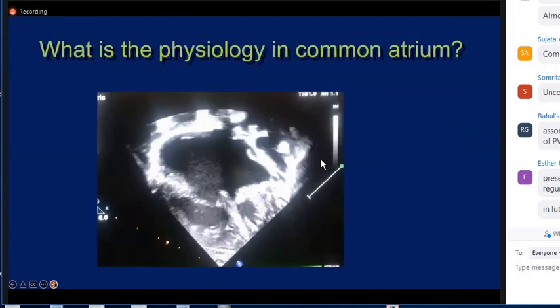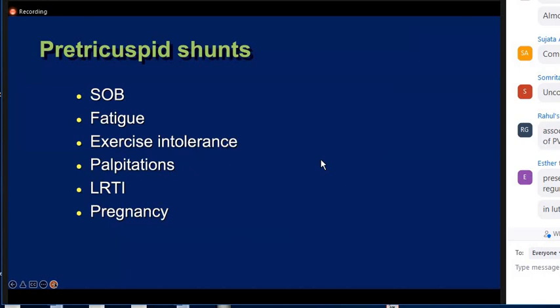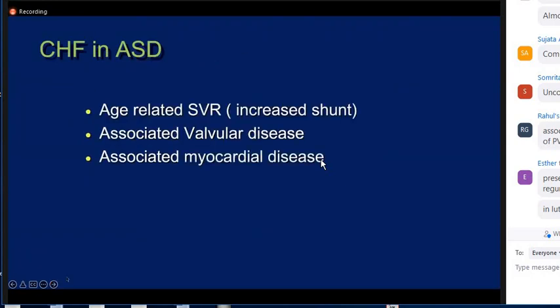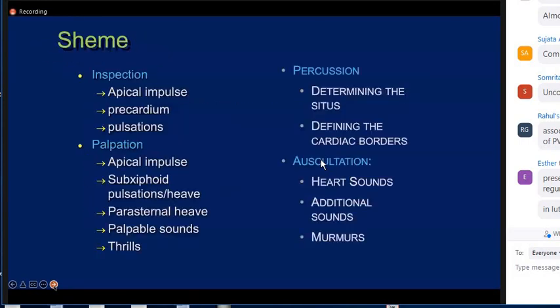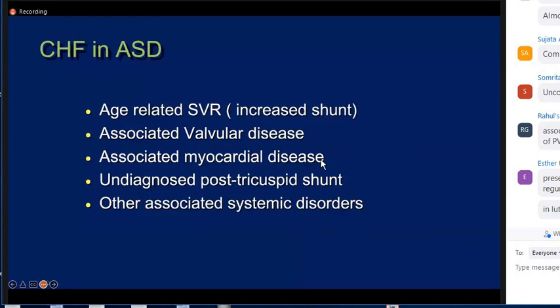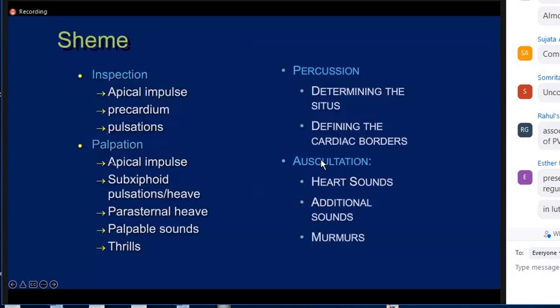And of course, we mentioned the associated post-tricuspid shunt, pulmonary vascular disease, other systemic disorders, and anemia. So in case of atrial septal defect, you have to go systematically.